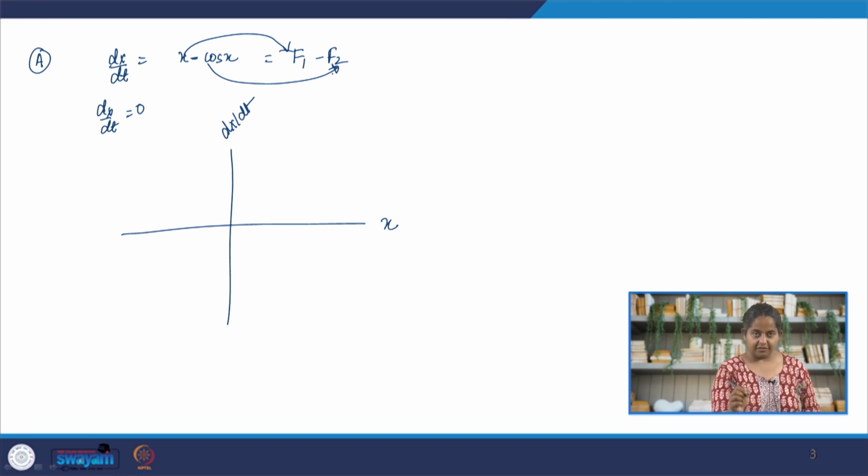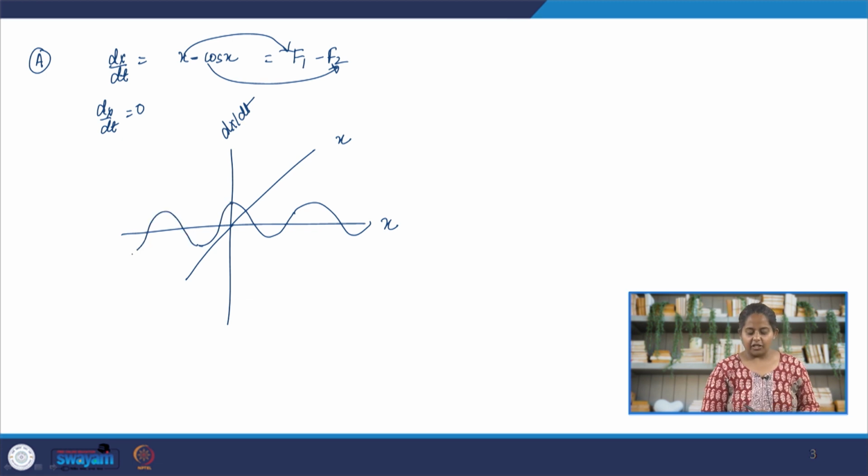So let's plot the first function, which is x. Now let's plot the second function. So now I have drawn cos x and x, and I am not very good at drawing graphs, but this should give you a fair approximation of what behavior to expect.